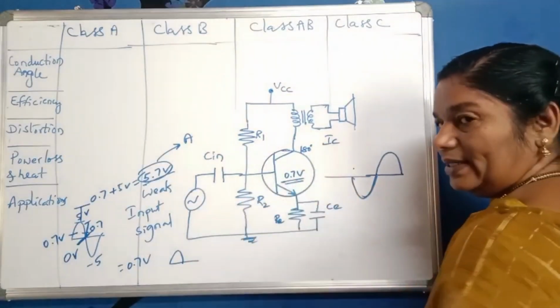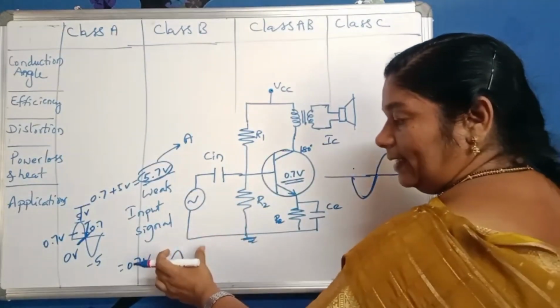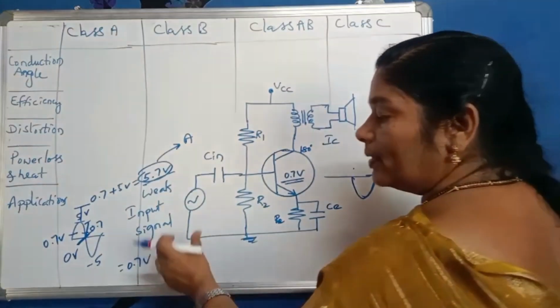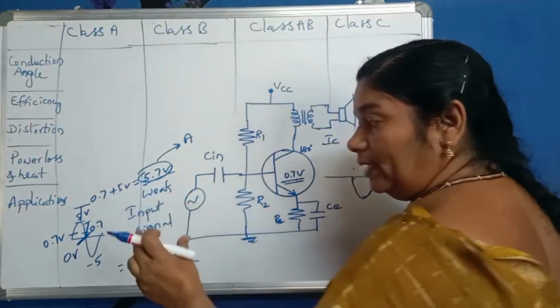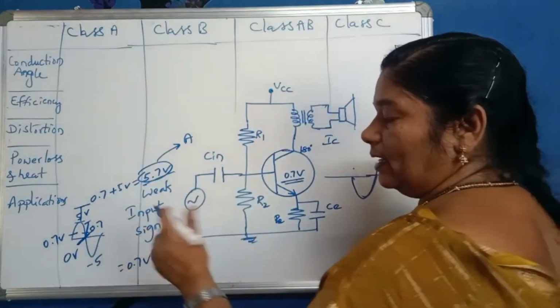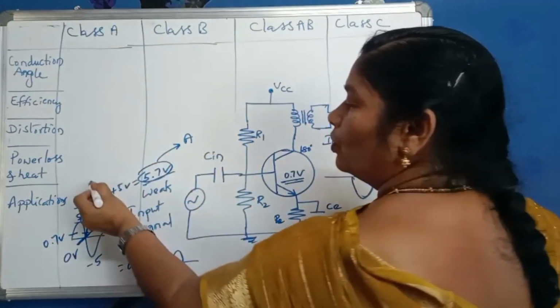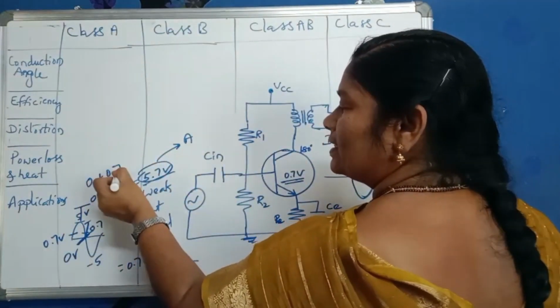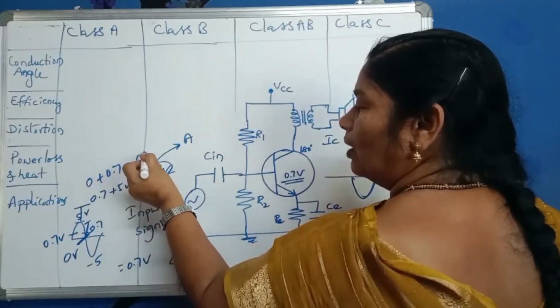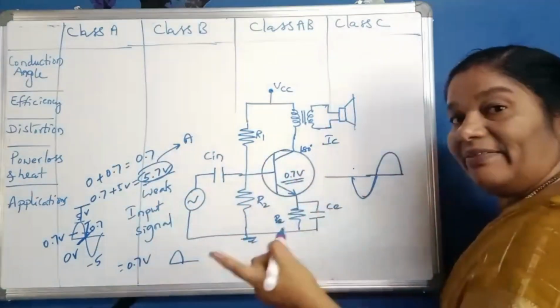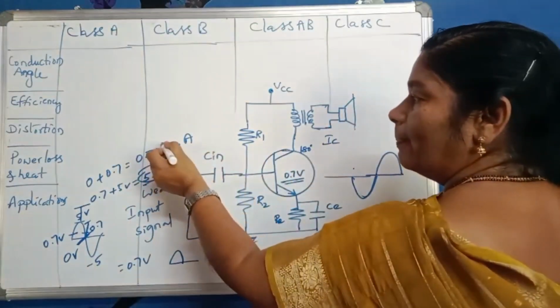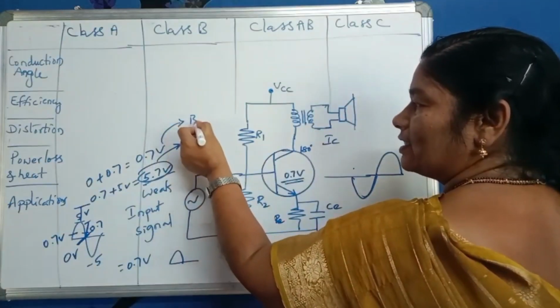That means 180 degrees of collector current. Then the biasing you have to apply is 0 plus 0.7, which means you have to apply 0.7 volts of biasing. Then it is called class B.